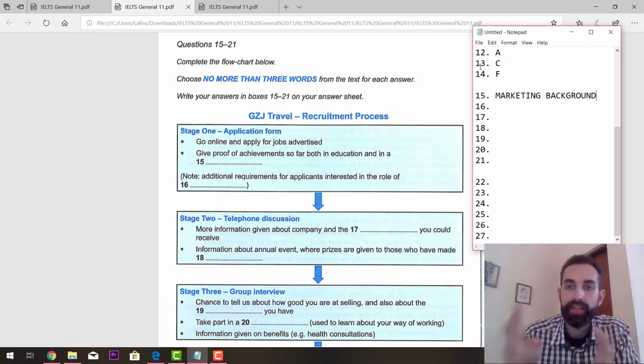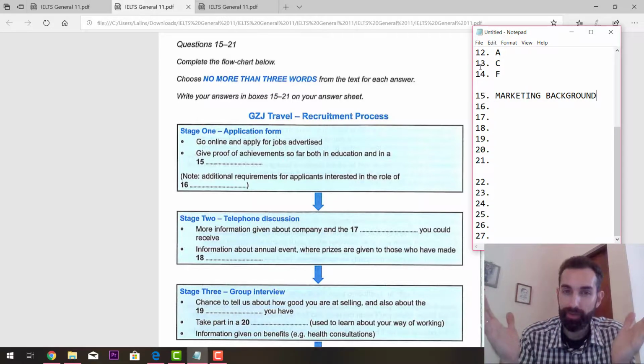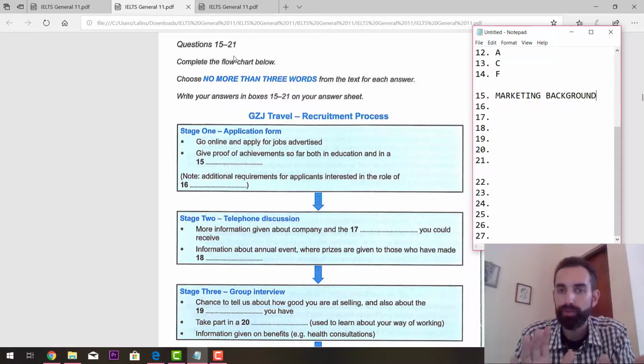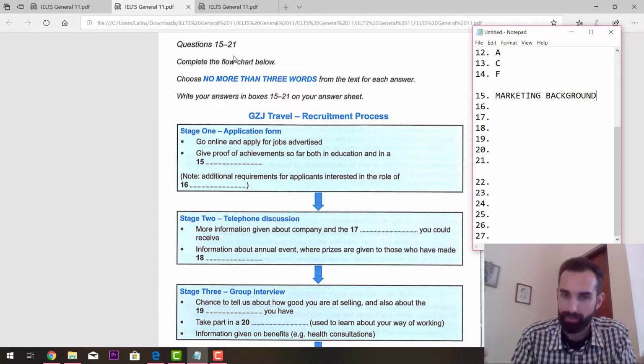So see, that's 2 words, so that fits within the limit of 3 words. And obviously you wouldn't put the answer as a marketing background because, as you can see in the question, it already says 'a', and then you'd put marketing background. So don't put a marketing background because then that could be marked wrong because you've put in an unnecessary word.